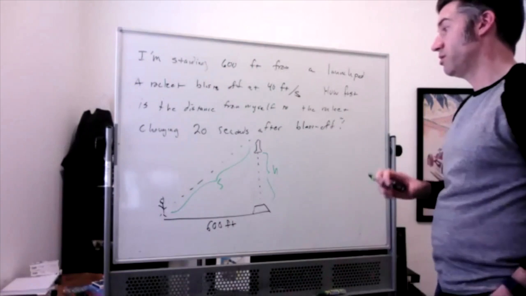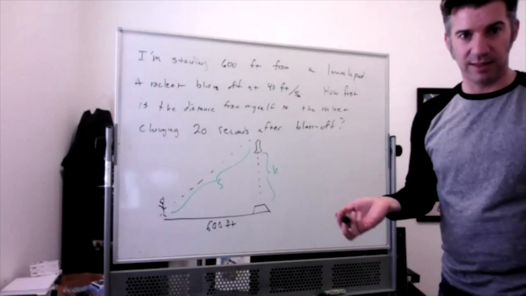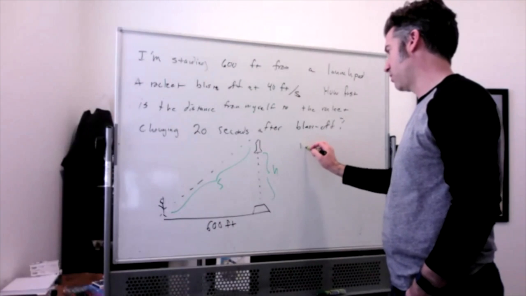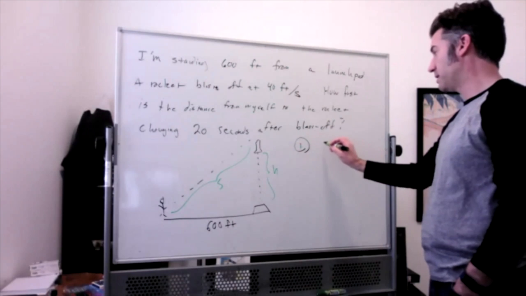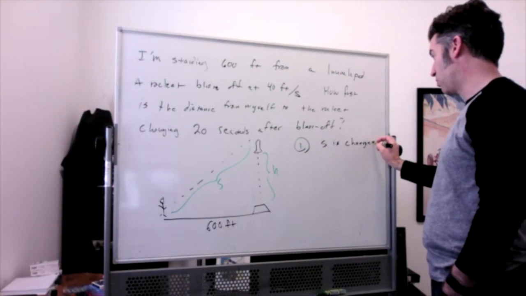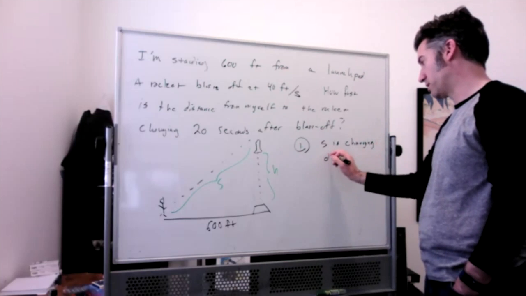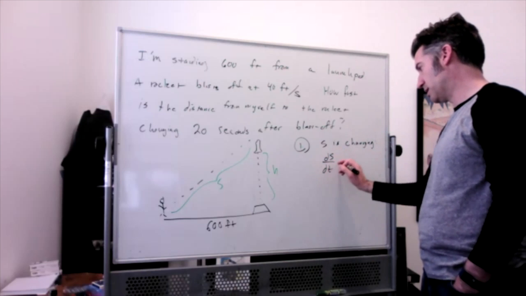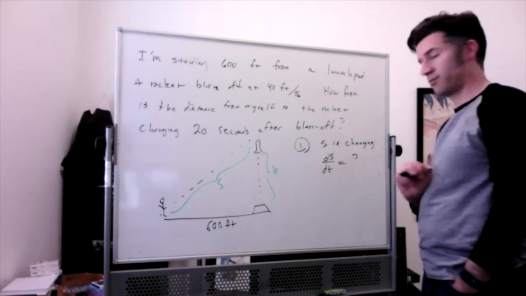So now, I usually write this down. I start off by saying, okay, what's changing? s is changing. In fact, that's what we want to know. We're curious about what ds/dt is equal to.